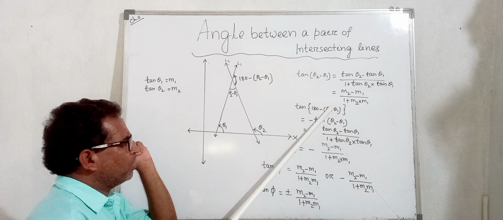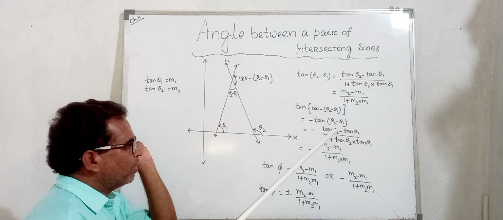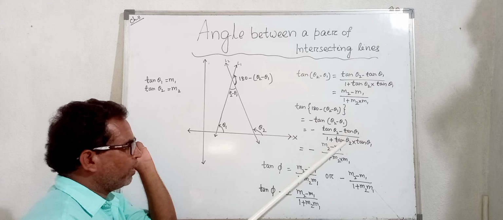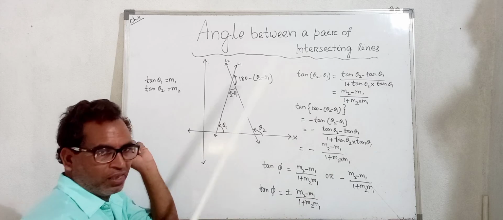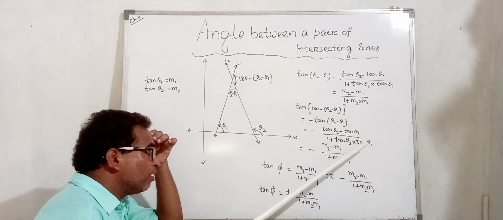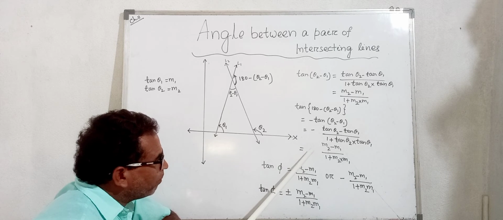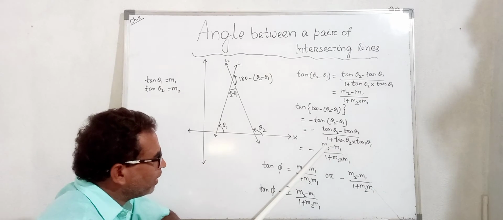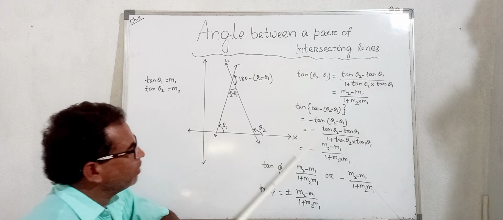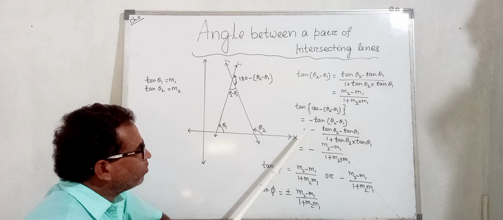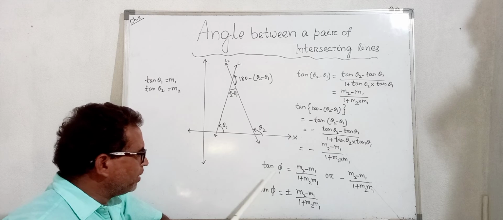So tan (180 minus (theta 2 minus theta 1)) is equal to minus tan (theta 2 minus theta 1), that is equal to minus (tan theta 2 minus tan theta 1) by (1 plus tan theta 2 into tan theta 1), which is equal to minus (m2 minus m1) by (1 plus m2 into m1).